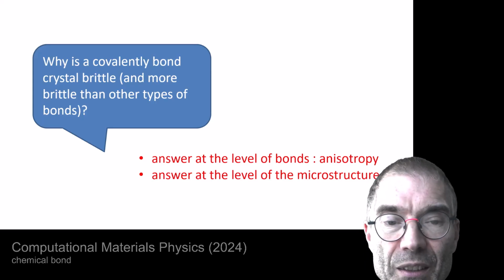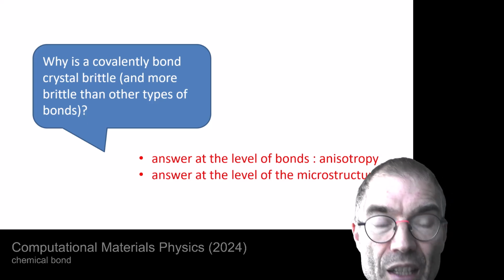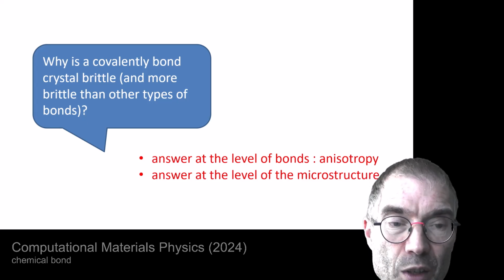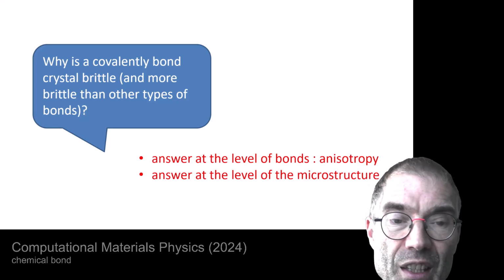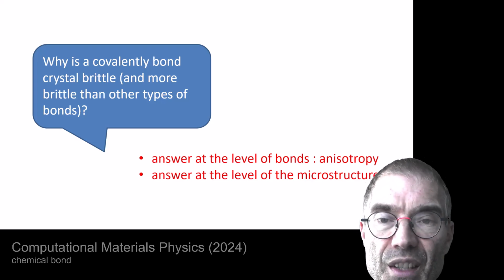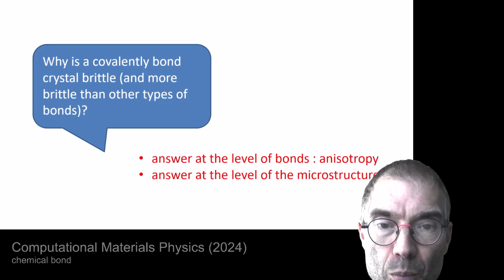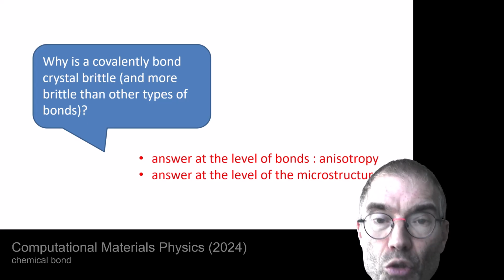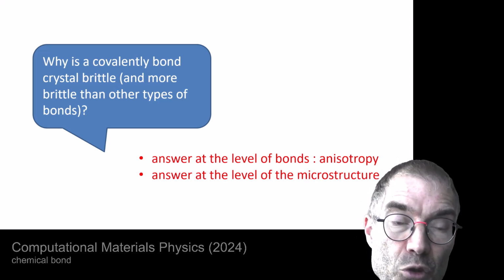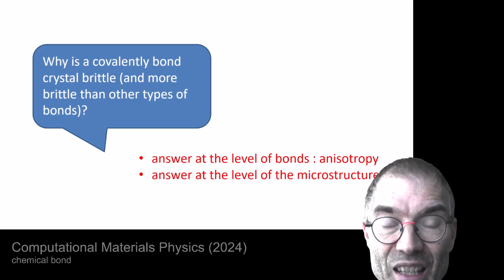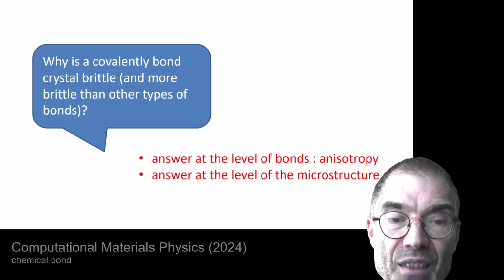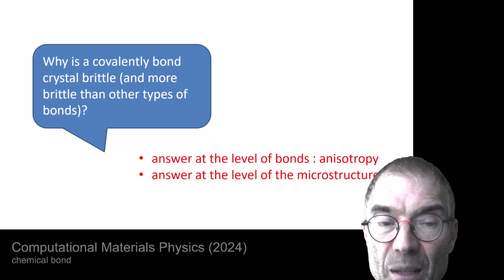So within the past week, the information in the course focused on non-ductility at the atomic scale. So we reasoned, if you have covalent bonds that are stronger in one direction than in another direction, then if you deform a crystal in a direction that is not consistent with these chemical bonds, then your crystal may more easily break.